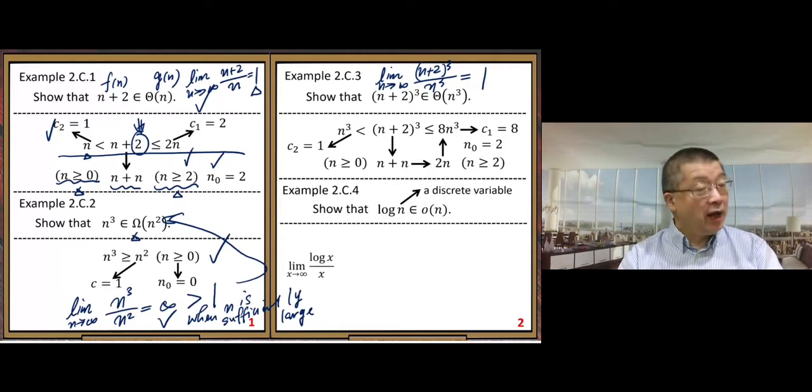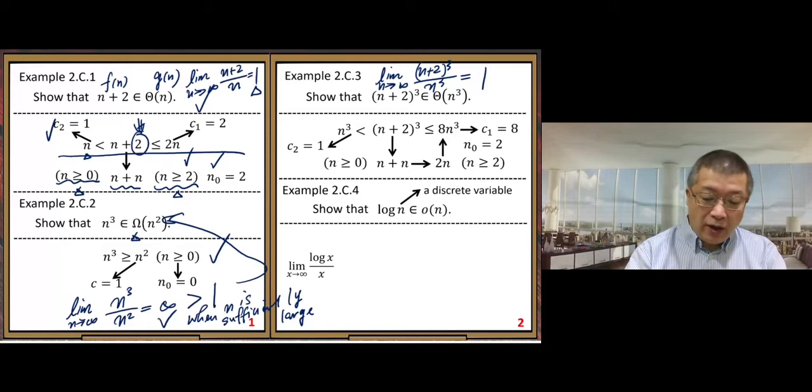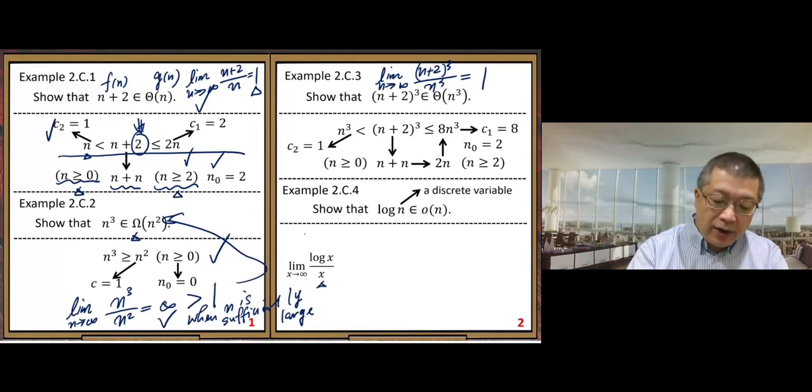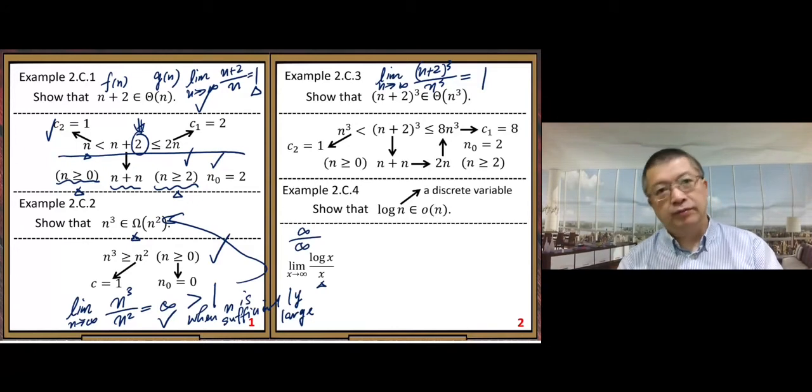We can apply L'Hopital's rule here on the ratio of two functions, but the variable x is a continuous variable. The reason is that it is an infinity over infinity indeterminate form. That's the precondition for L'Hopital's rule.